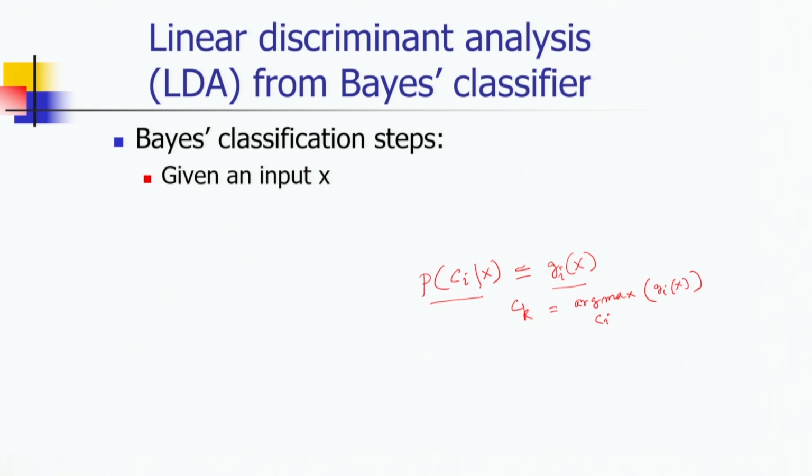Sometimes this could be just a proportional value. It may not exactly express the posterior, but a certain proportional value. And that's how we can show that in some cases the form of this discriminant function becomes linear or quadratic.